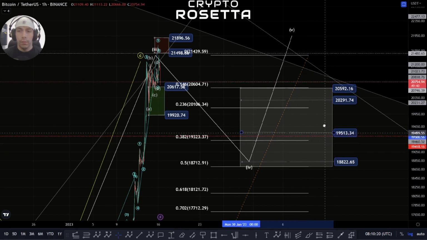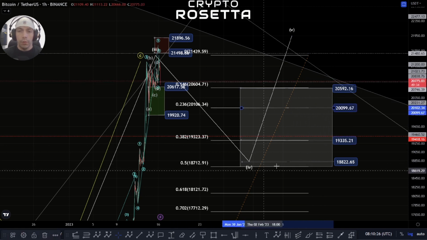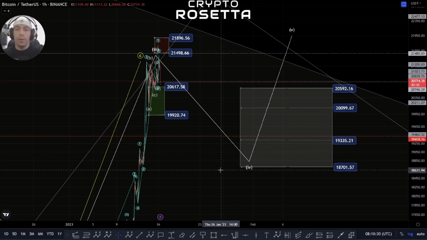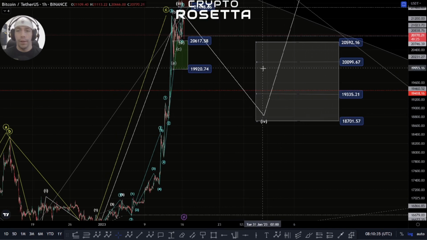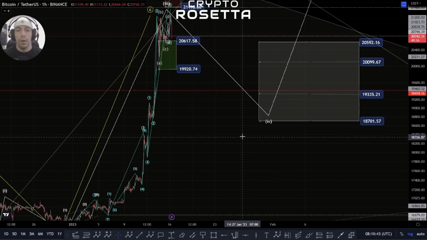Well, this range is quite broad now because of the fact that we've had quite a strong wave 3. So what we'd want to be aware of is that sometimes when we get a strong wave 3, we might get a wave 4 that might not come back down to these points lower down, like the 382, which is this 19,335, and this 0.5, which is this 18,701.